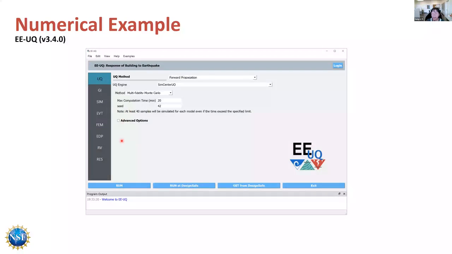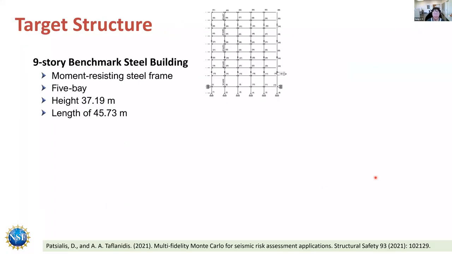So now what remains is the numerical example of multi-fidelity Monte Carlo. The SimCenter application EE-UQ version 3.4 is used for our demonstration today. We start from the target structure. We have a 9-story benchmark steel building as our target building, and this is a moment resisting frame with 5 bays.